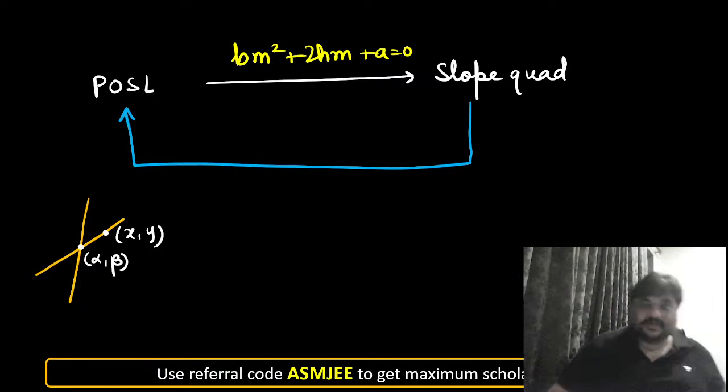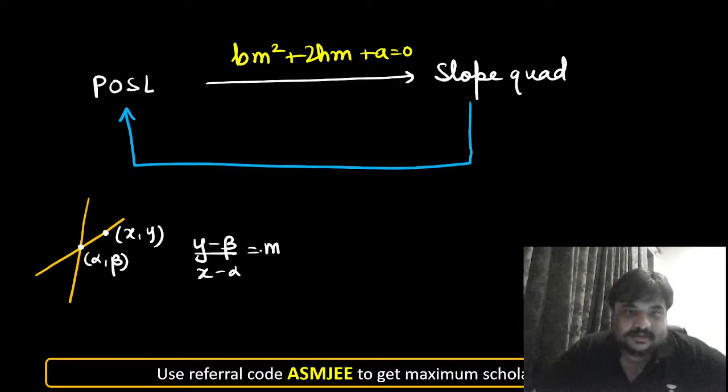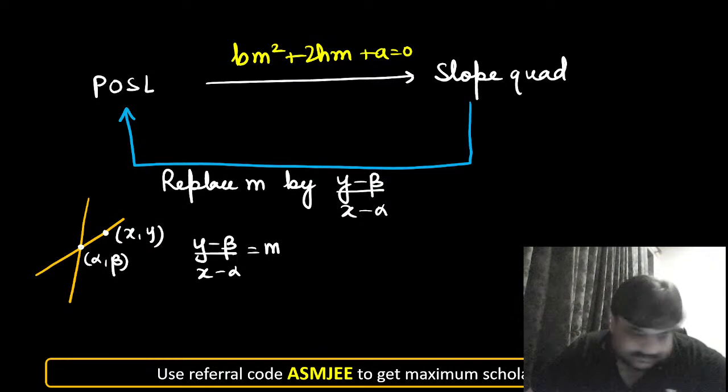Do you realize y minus beta upon x minus alpha is the slope? So instead of slope, replace m by y minus beta upon x minus alpha.